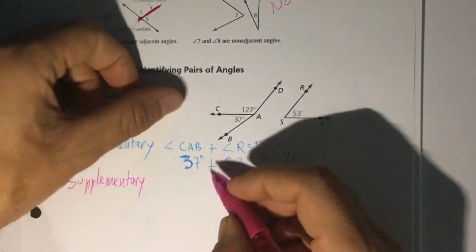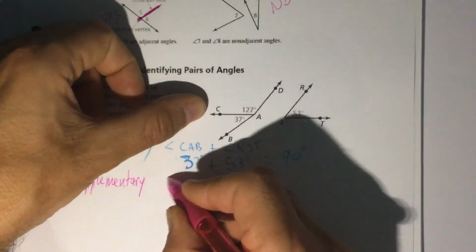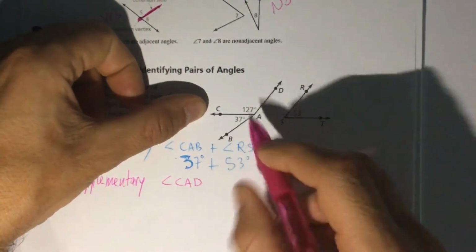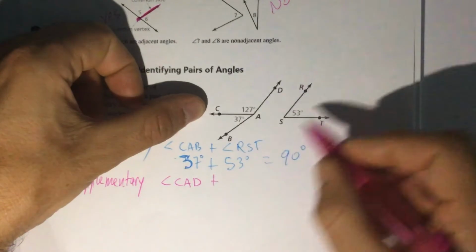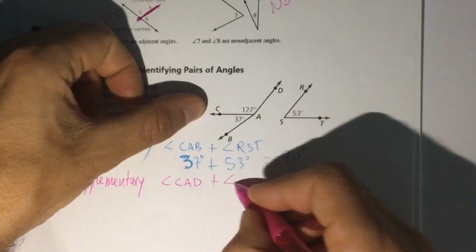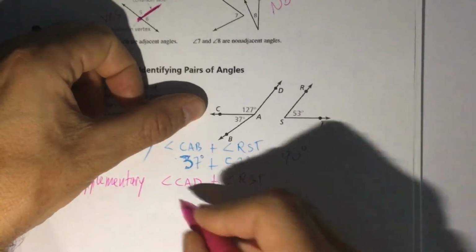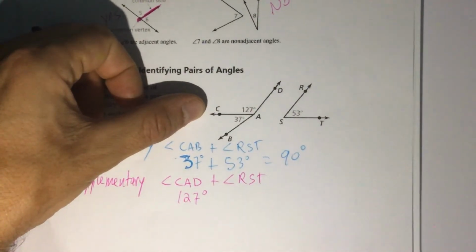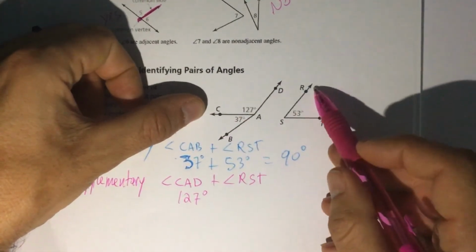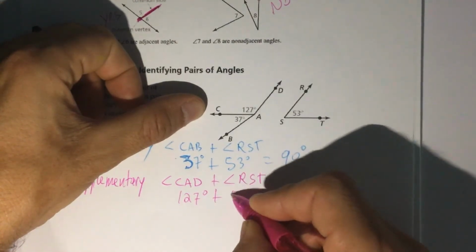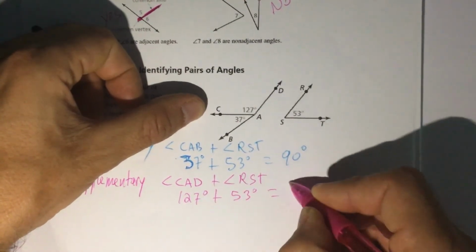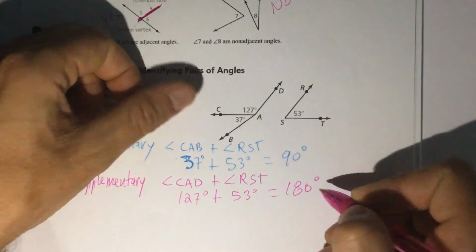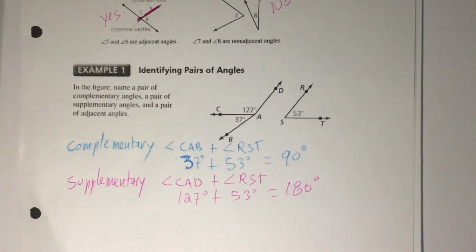Well, CAD and RST. CAD is 127 degrees and RST is 53 degrees, and guess what? Those two angles add up to 180 degrees.